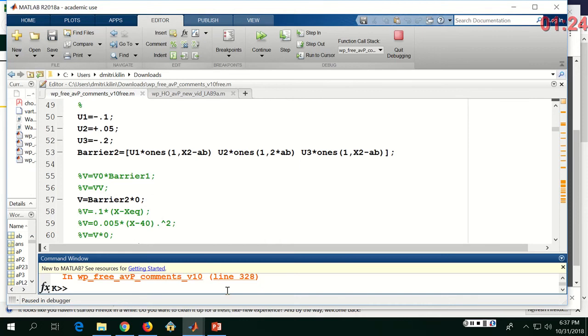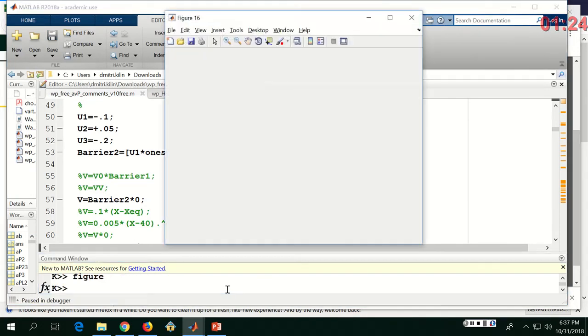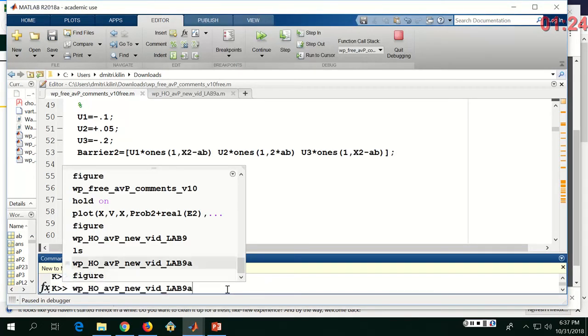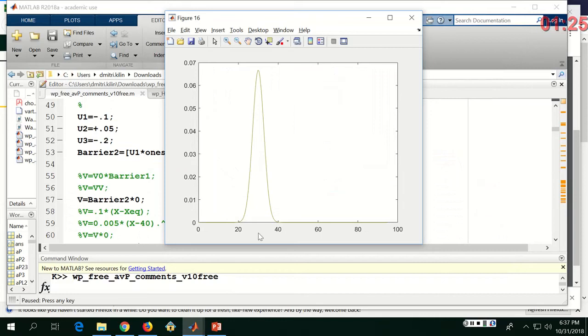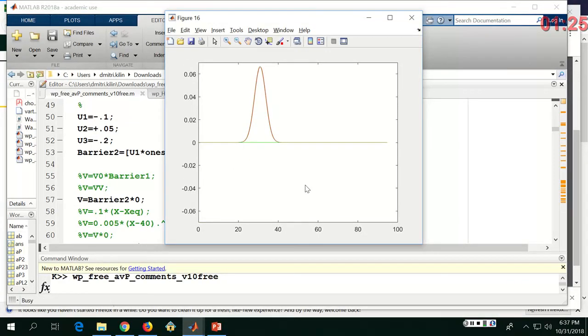So right now, see, this barrier did disappear, and both lines show propagation with the center going forward linearly and the width increasing continuously.